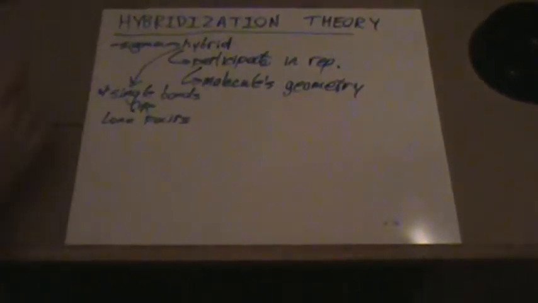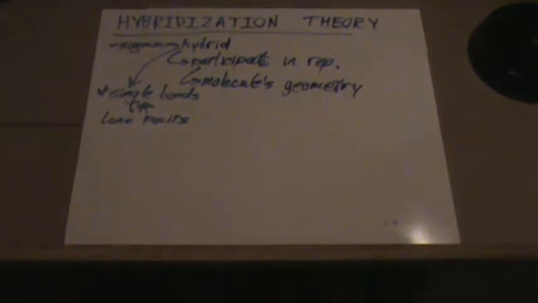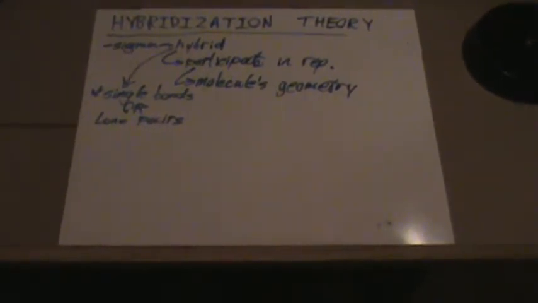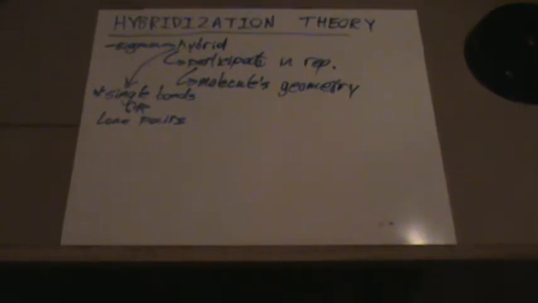So if it's sp2, we are going to say it's trigonal planar. If it's sp3, it's going to be tetrahedral or something such as bent or trigonal pyramidal. If it's one of these things, then we say it's sp3.